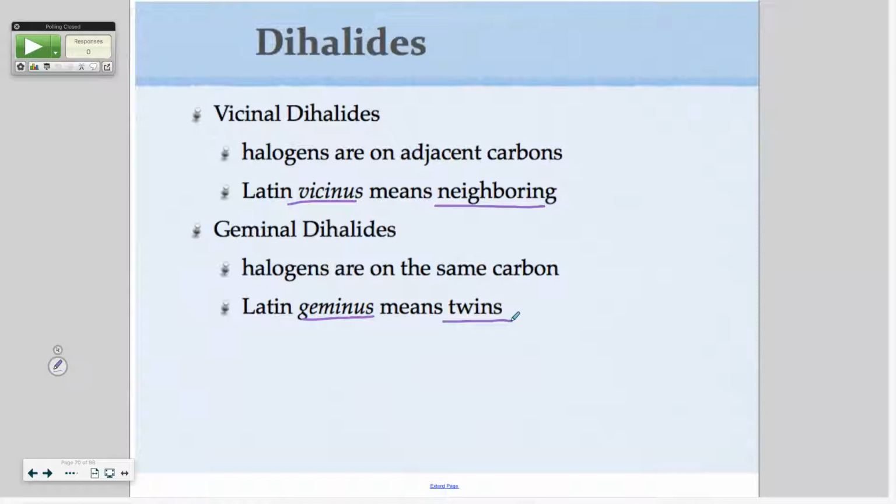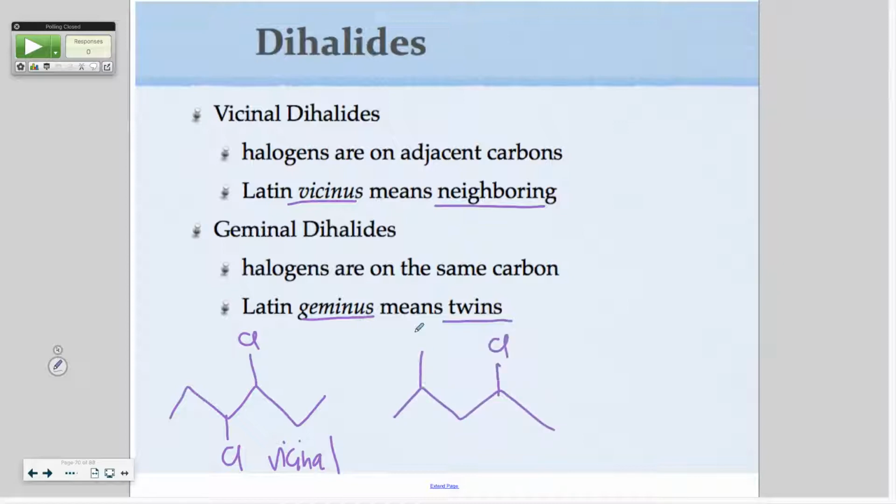Okay, so if I draw this, is that vicinal or geminal? It wasn't a hard question. They're on adjacent carbons. All right. What about this one?